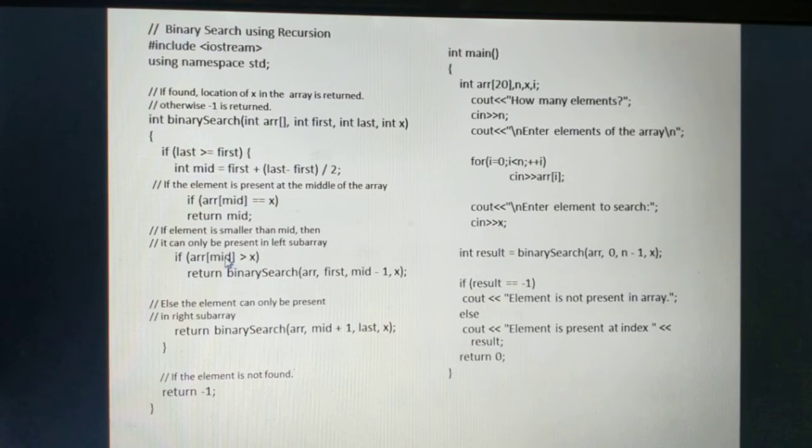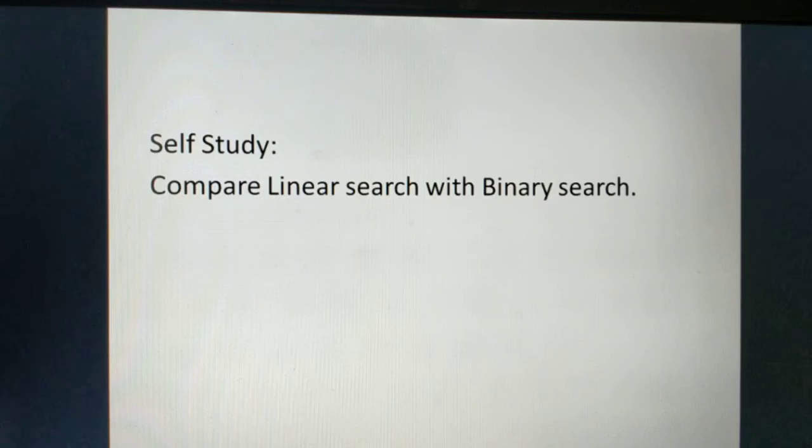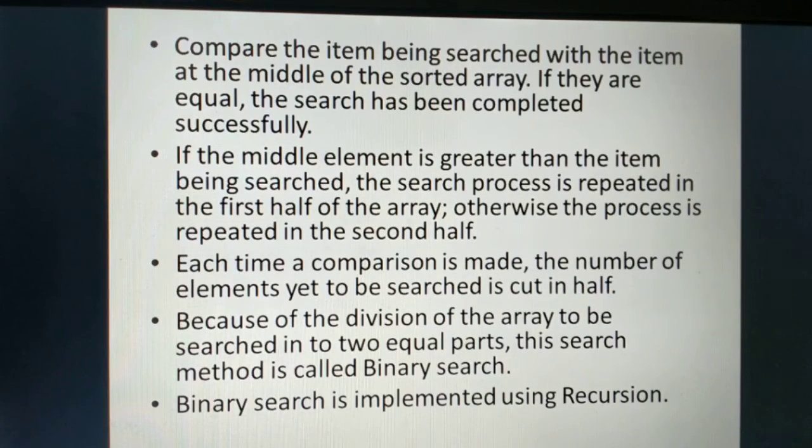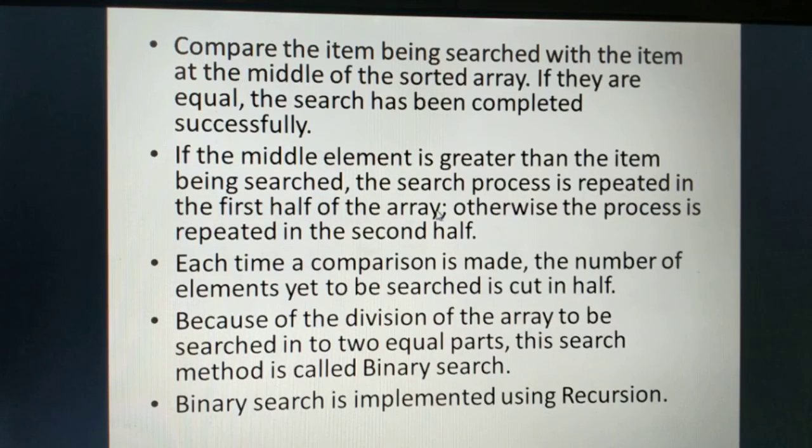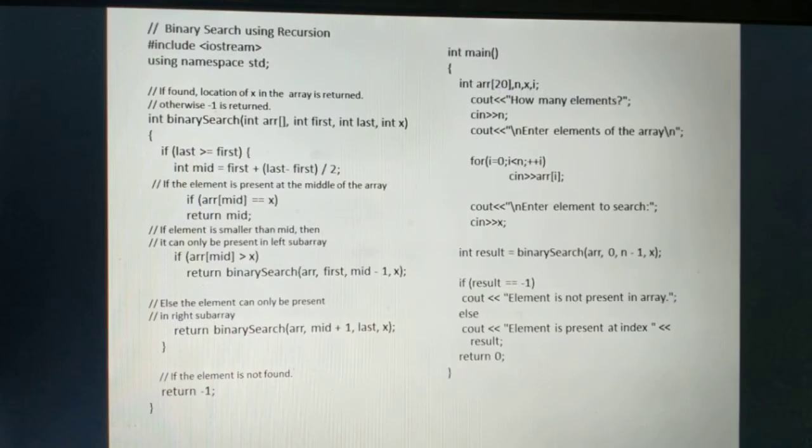Note this condition: if the middle element is greater than the item being searched, the search process is repeated in the first half of the array. Otherwise, the process is repeated in the second half. Exactly the same thing we carry on here according to the algorithm.